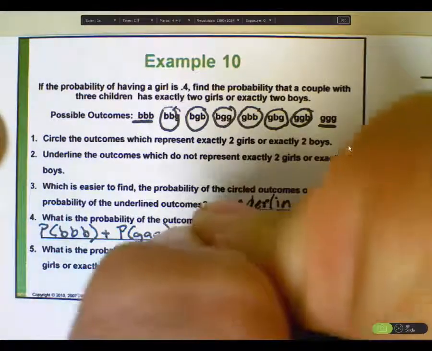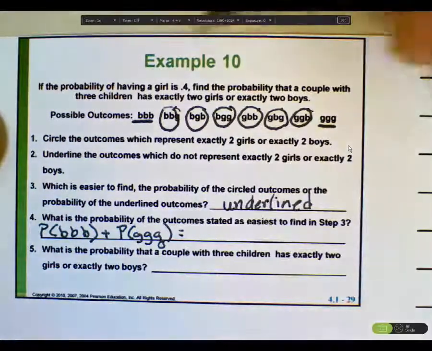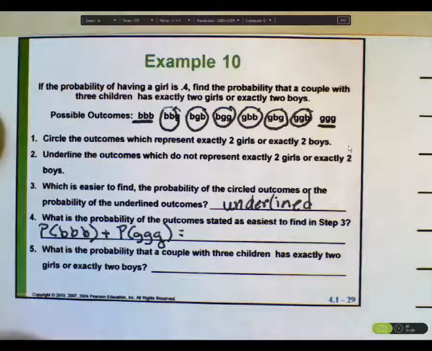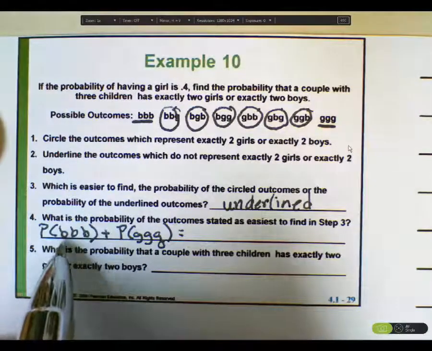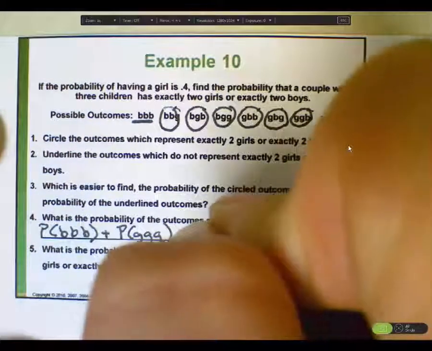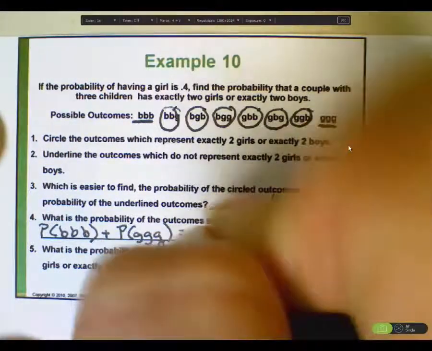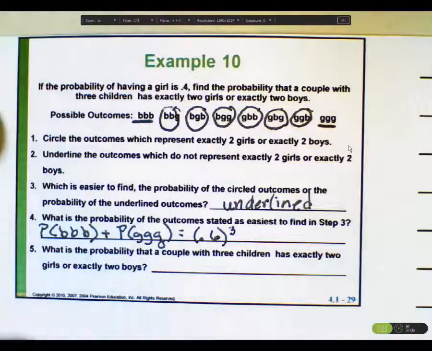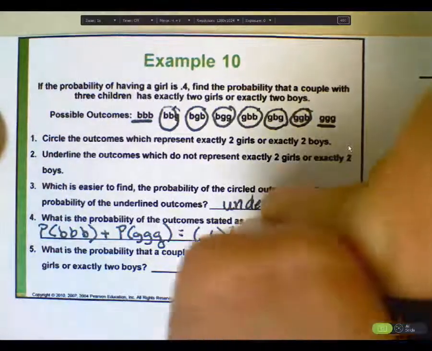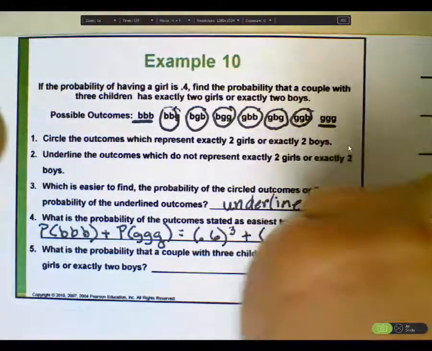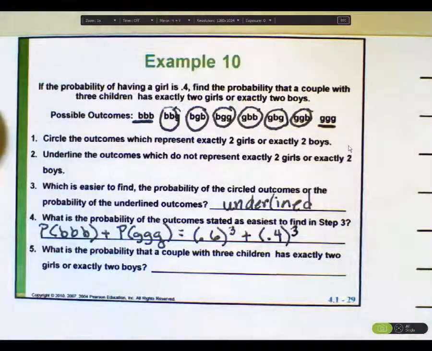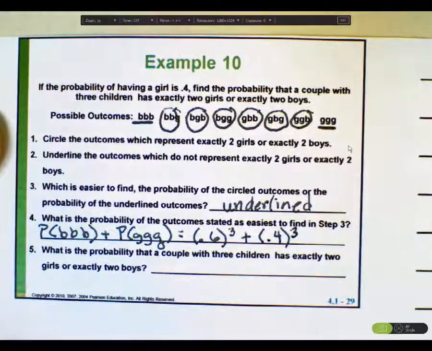The probability of a girl is 0.4, so the probability of a boy is 0.6. The probability of boy and boy and boy is 0.6 times 0.6 times 0.6, or just 0.6 to the third. The probability of 3 girls would be a girl and a girl and a girl. That probability would be 0.4 to the third.